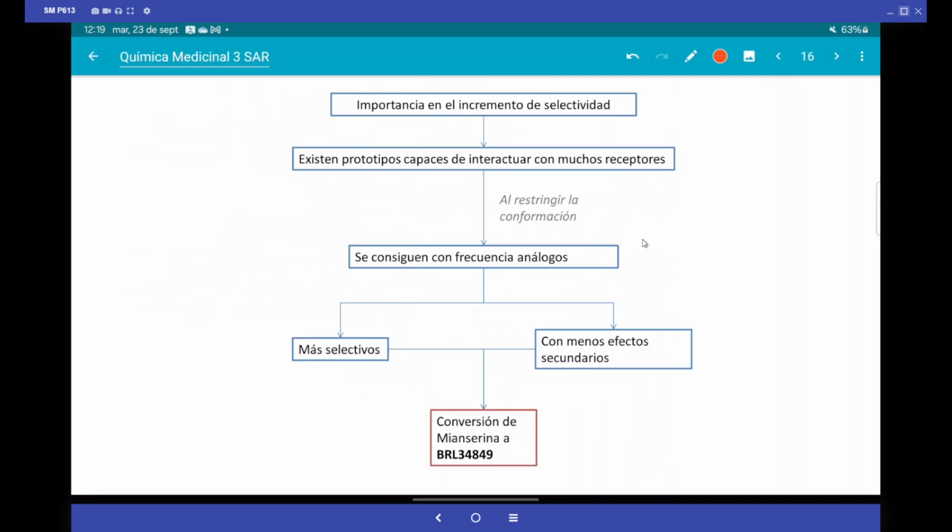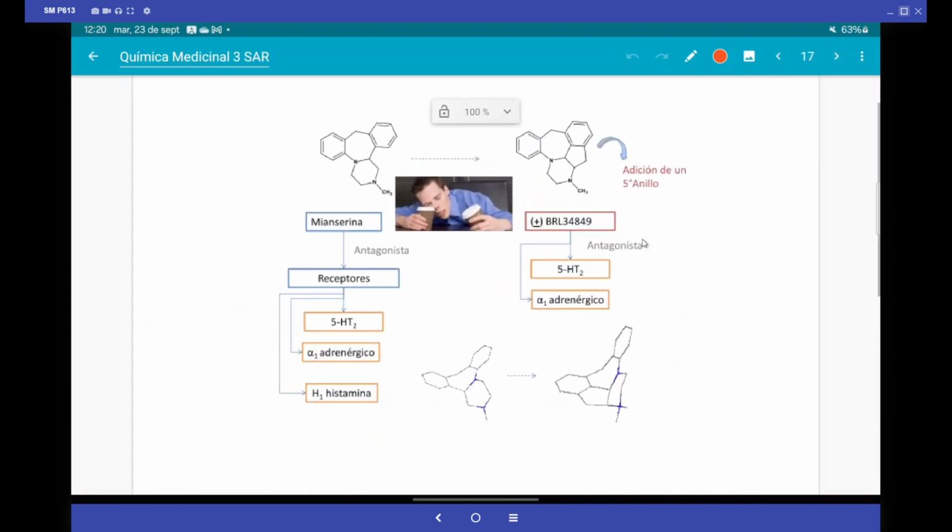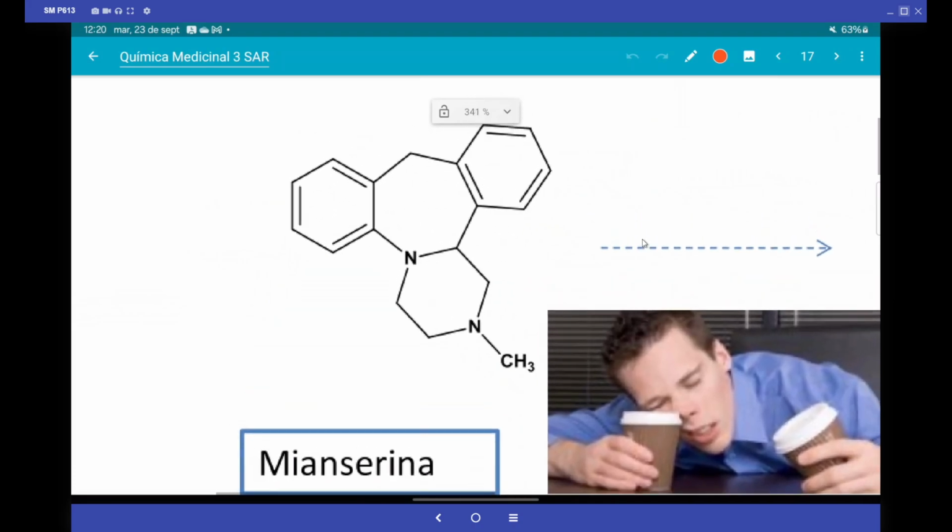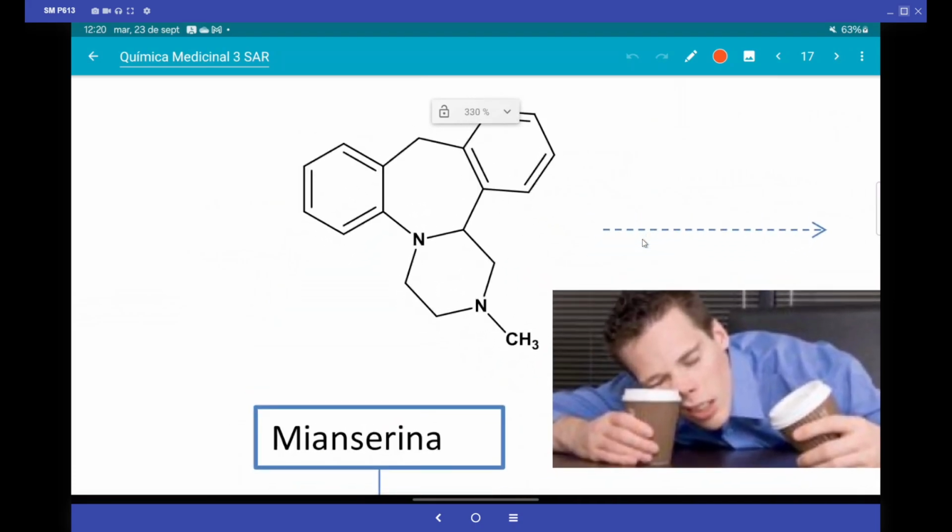Here is a punctual example. It says: conversion of an antidepressant, mianserin, to an experimental agent. What was done here is that mianserin, also related to mirtazapine, are antidepressant molecules of polycyclic structure. Mianserin and mirtazapine have two aromatic rings interconnected by another nitrogenated ring, and with a basic nitrogen in the structure like this one here, at a distance of 3 atoms from at least one of the aromatic rings.